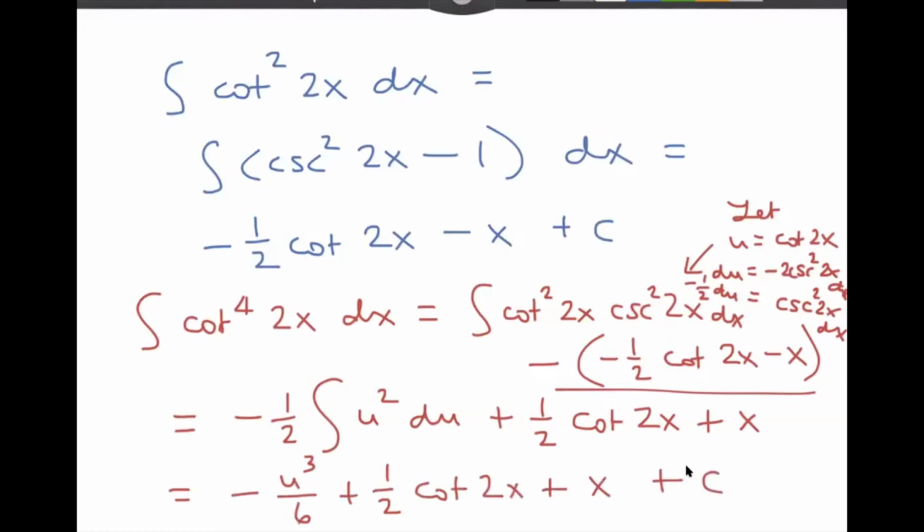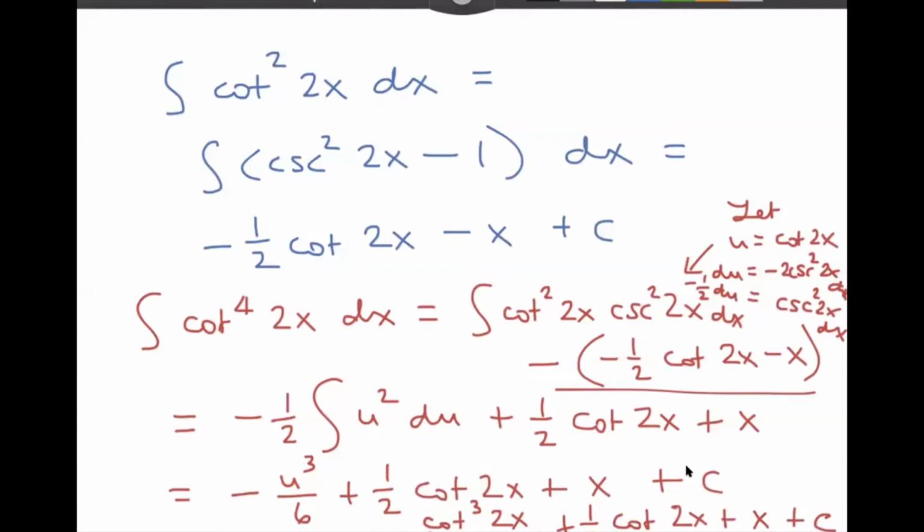Okay, so the value of the red integral is negative cotangent cubed 2x over 6 plus 1/2 cotangent 2x plus x plus c. Are we done? Well, no, not quite. Almost. That's the value of the red integral.